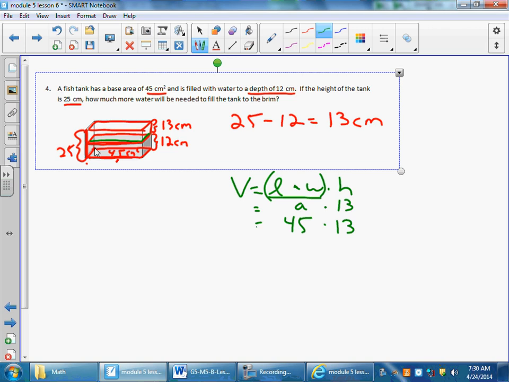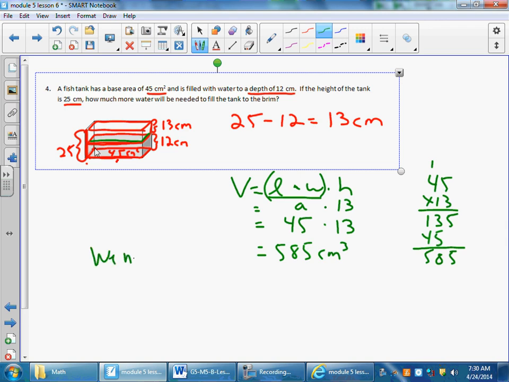So I'm going to take 45, the area, multiply it by the height of 13, and 45 times 13, set up a quick standard algorithm, is 585 cubic centimeters. We need 585 cubic centimeters more water to fill the tank.